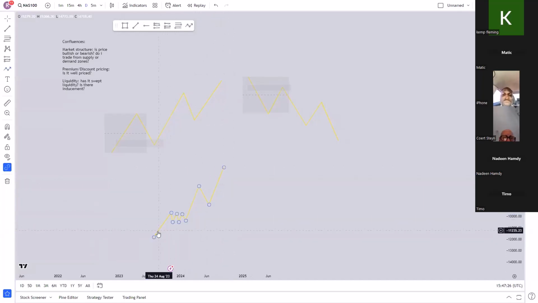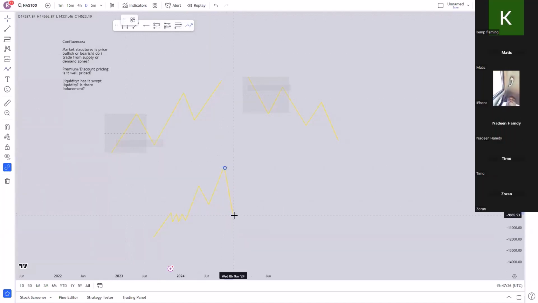So let's say this is all one 4-hour leg up, and we then come back down into discounted pricing. So let's just get out our Fibonacci tool from the high to the low. Anything below the 50% mark, again, it is a valid demand range because it's within the discount, okay?